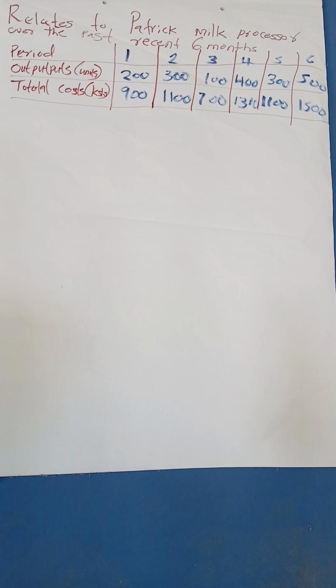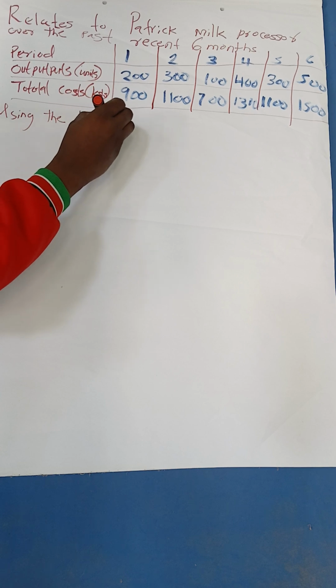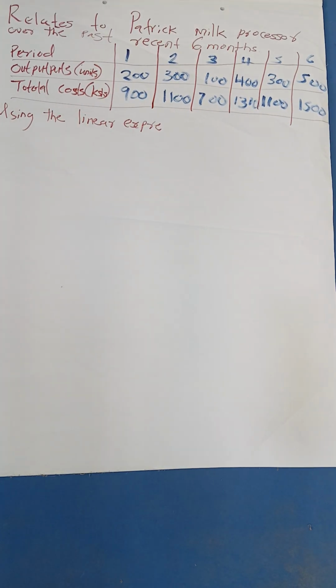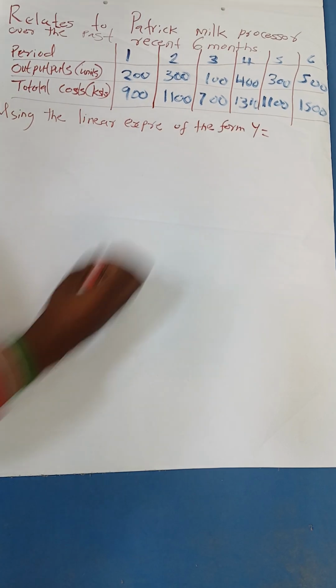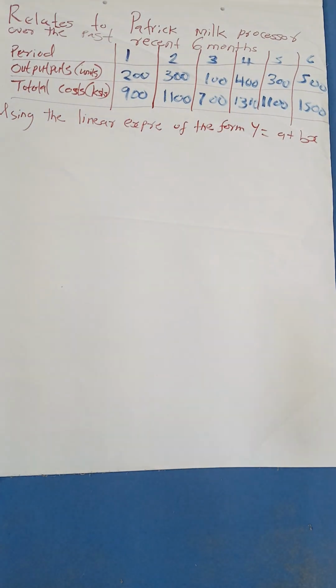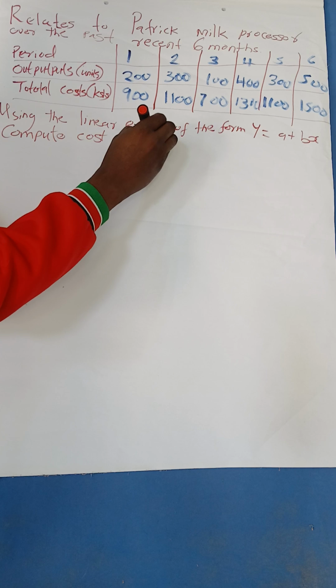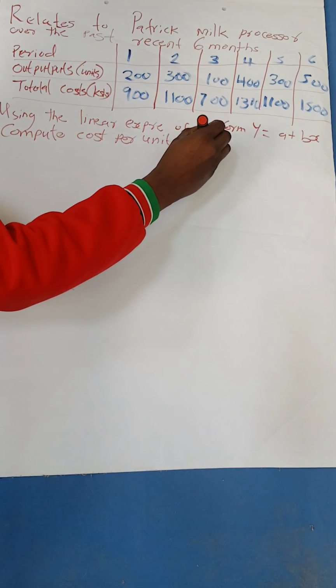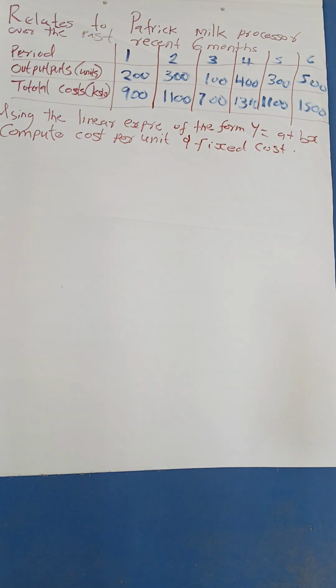Then we are required, using the linear expression of the form y = f + bx, to compute cost per unit and fixed cost.